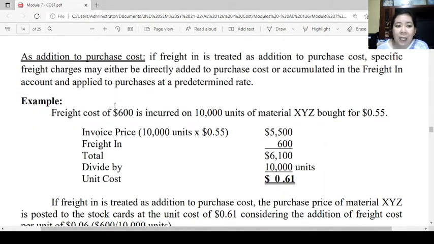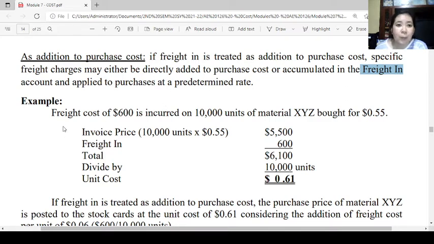Okay? For example, if the entity will treat the freight in as addition to the purchase cost, then specific freight charges may be directly added to the purchase cost. So we will use the freight in account in this case to determine the applied amount to purchases.